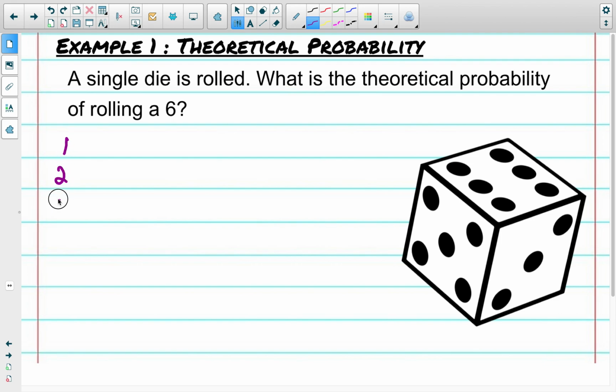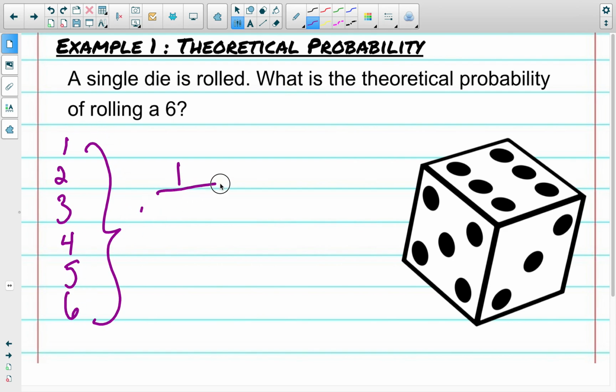You can roll a 1, a 2, a 3, a 4, a 5, or a 6. And the probability that we roll a 6 is 1, because there's one of those possibilities in this whole list out of the total number of outcomes, which is 6. So the theoretical probability of this event is 1 over 6.